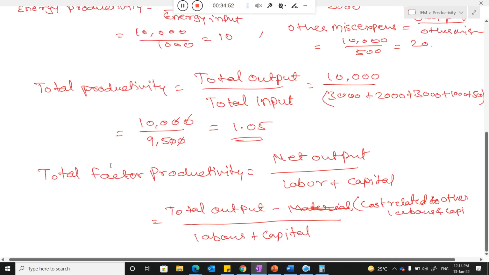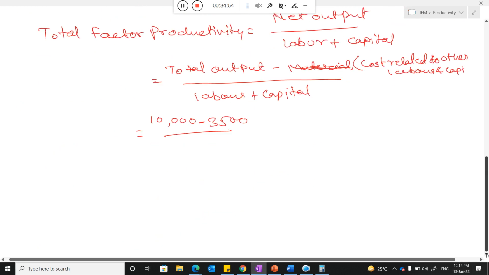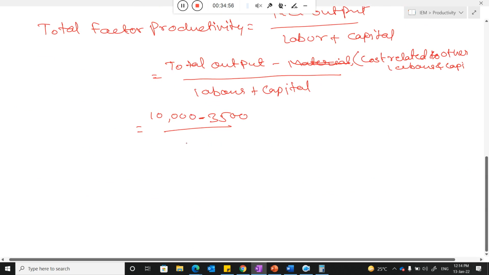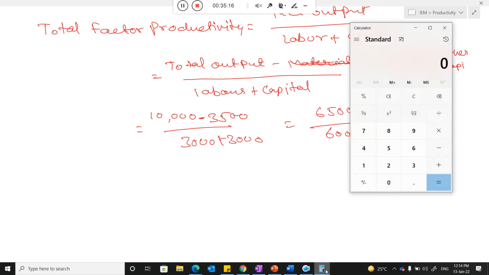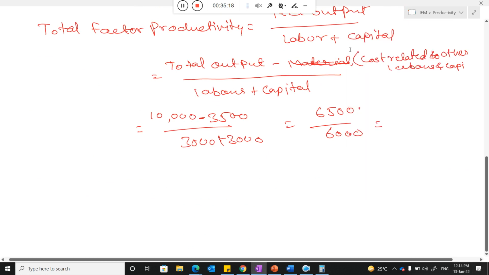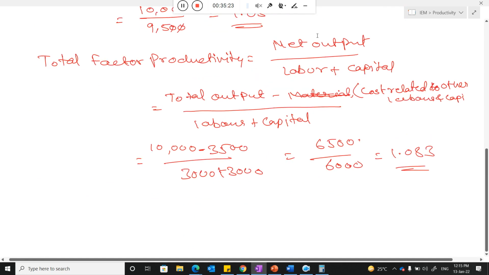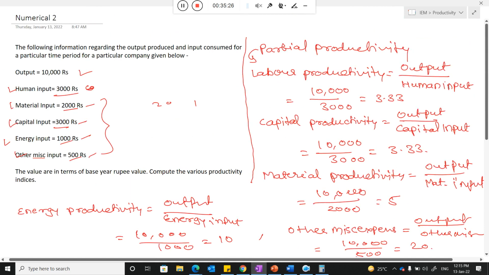So 3000 plus 3000 is 6000, and 10,000 minus 3,500 is 6500. Can you quickly calculate the answer? 6500 divided by 6000 is 1.083. Like that you can measure the total factor productivity also.